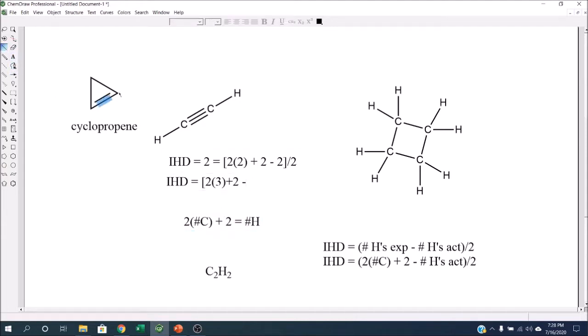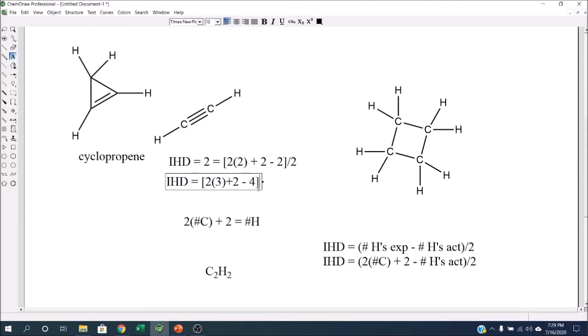And there are 4 observable hydrogens in this compound. There's one coming off of this side over here. And there's a hydrogen over here. And then this carbon right here has 2 hydrogens coming off of it. Hydrogen, hydrogen. And so because there are 4 hydrogens, then we subtract 4 from our calculation, minus 4.